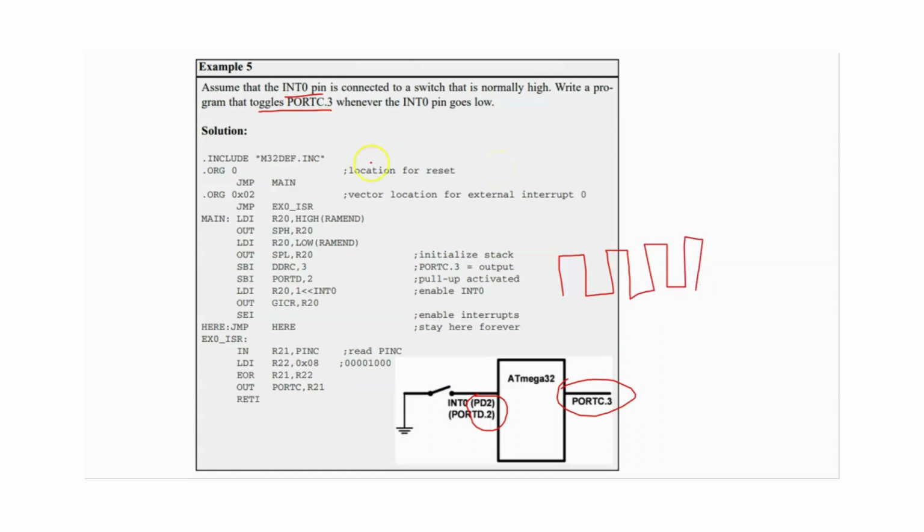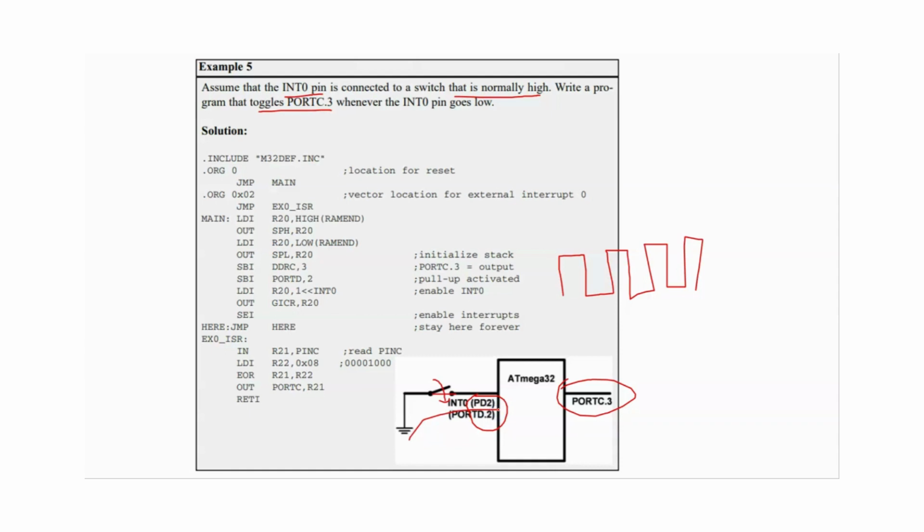So whenever the interrupt at this pin, which is interrupt 0, occurs, how does it occur? Normally this pin is internally set as high. Whenever someone presses this switch to low, the ground will be connected here, so it will become a low pin.